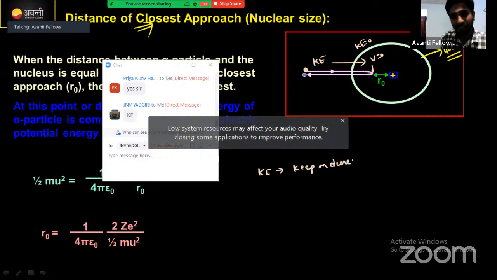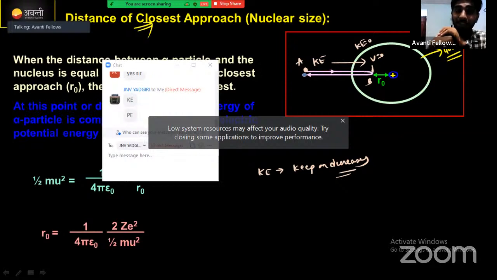Second, the position is also changing. The alpha particle was earlier at this point, now consider it has come to point B. Due to the change in position, what kind of energy will be present? One more kind of energy is there, along with kinetic energy. That is potential energy.